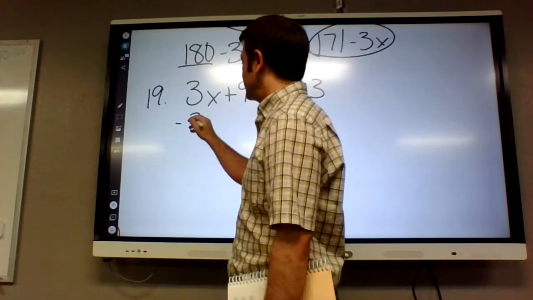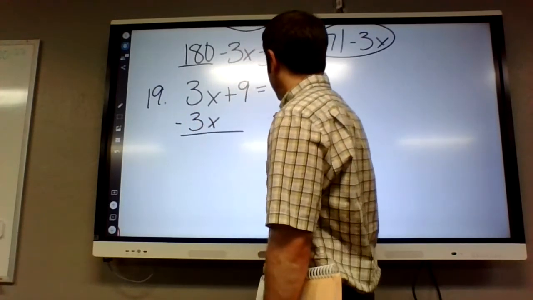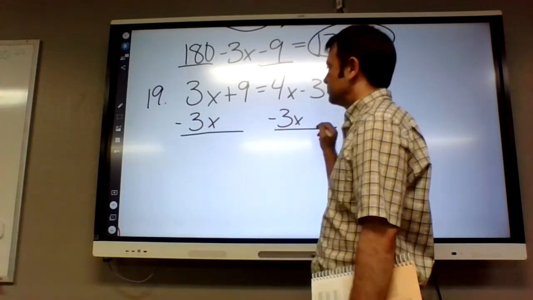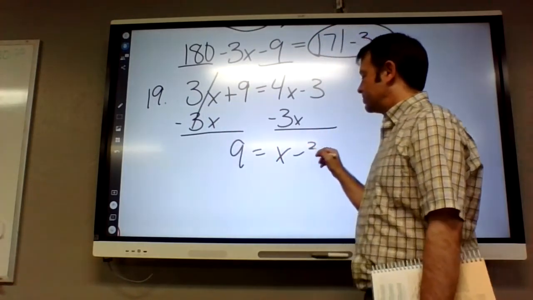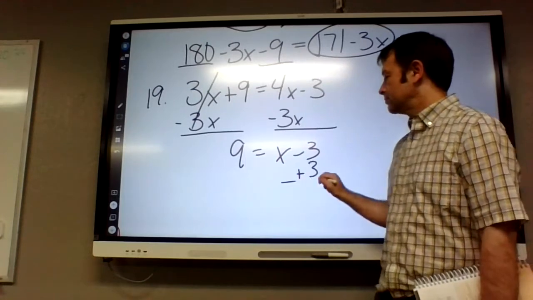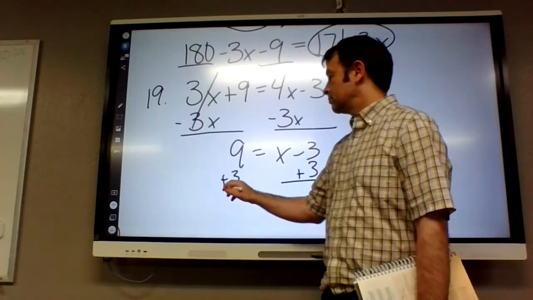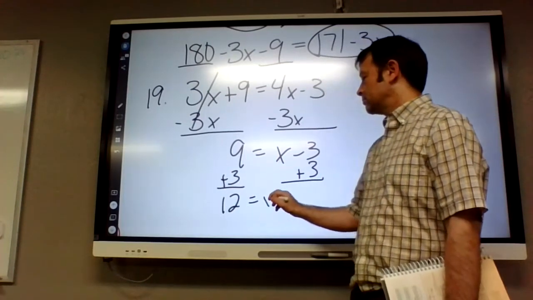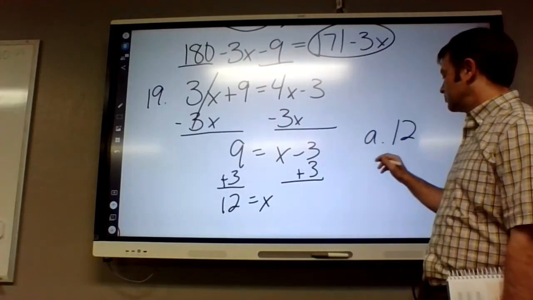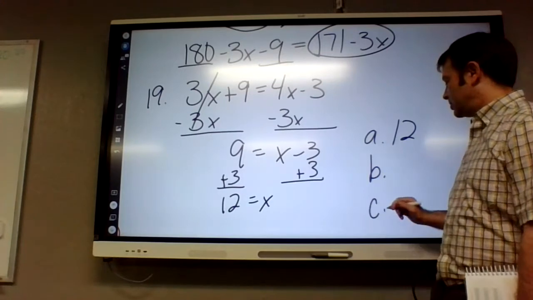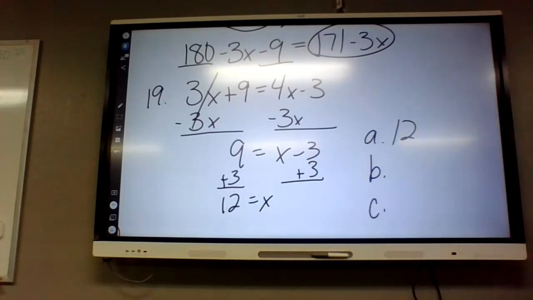You got x's on both sides, we need to get rid of them on one side. So I get 9 equals x minus 3. X was just the first question.